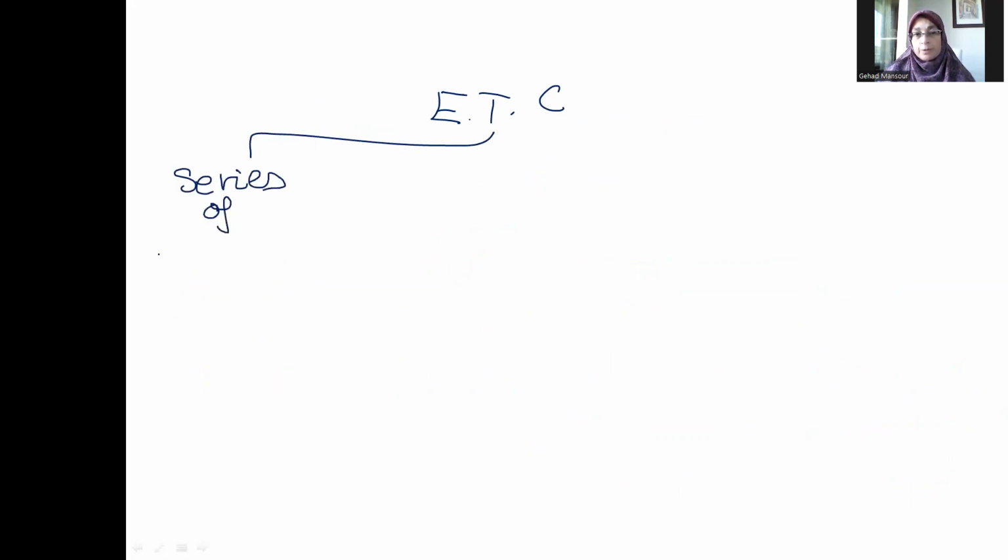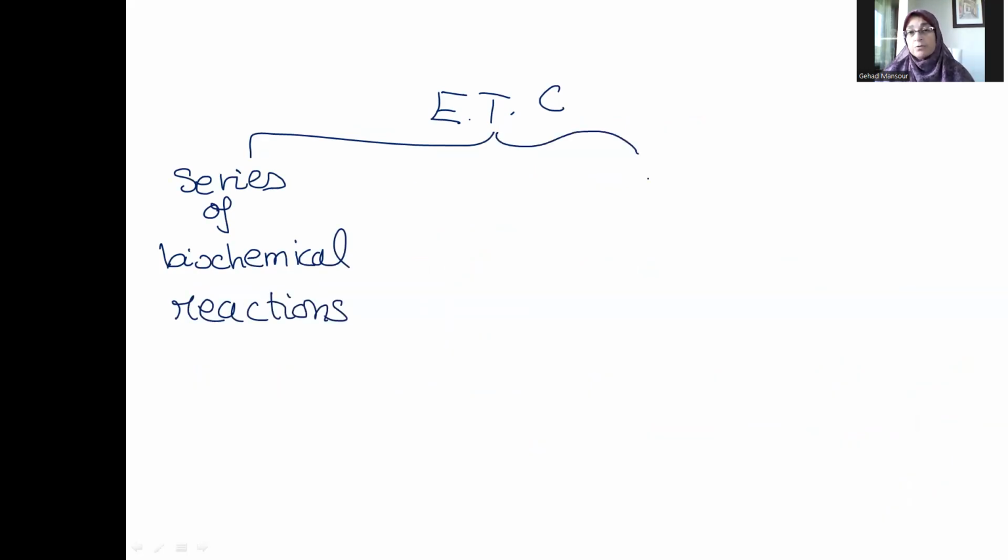So here, what are the events? Of course, the electron transport chain is a biochemical pathway. And as we said, we are going to recapitulate. It is a biochemical pathway, so it is a series of biochemical reactions. And the most important thing in that series of biochemical reactions is that energy is released in steps.